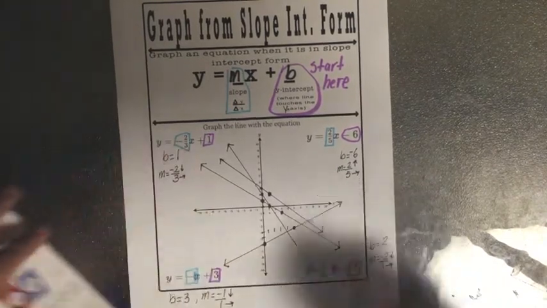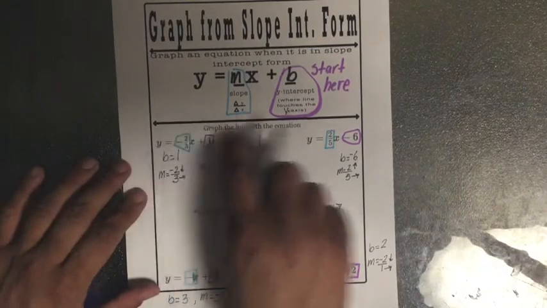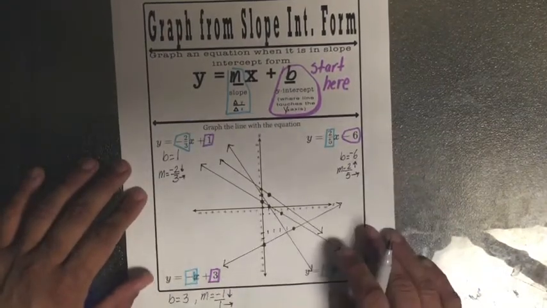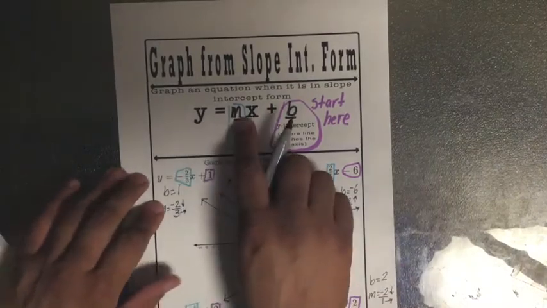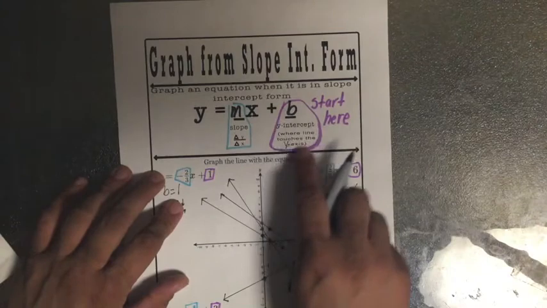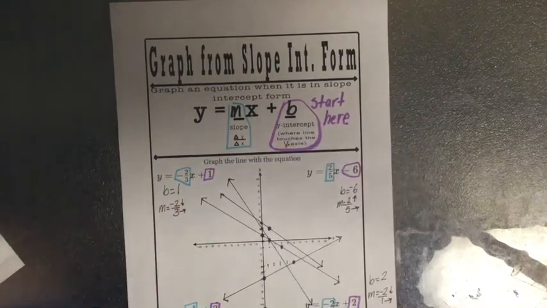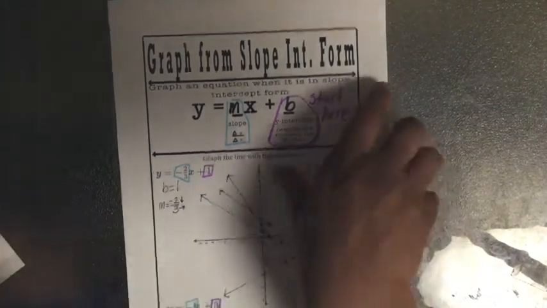And there you go. 4 lines, 4 equations, and it all goes off of y equals m slope, x plus b, y-intercept, and we always start here. So let's take a look at the examples on Delta Math.